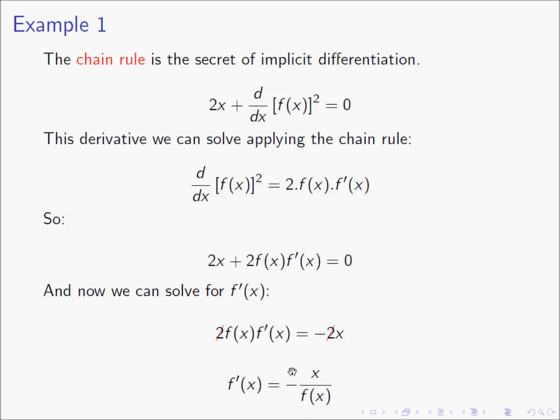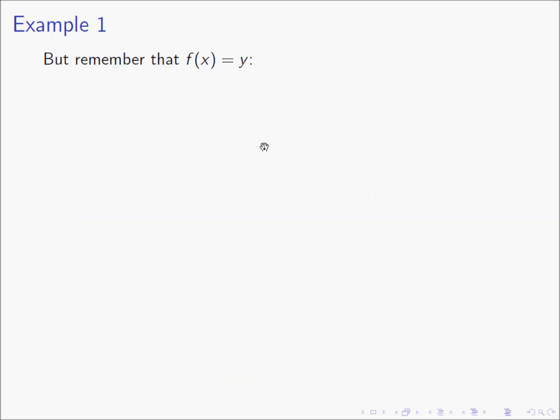And that's it, because remember that we define f of x as y. So what we found is that y prime, that's f prime of x, equals minus x over y.